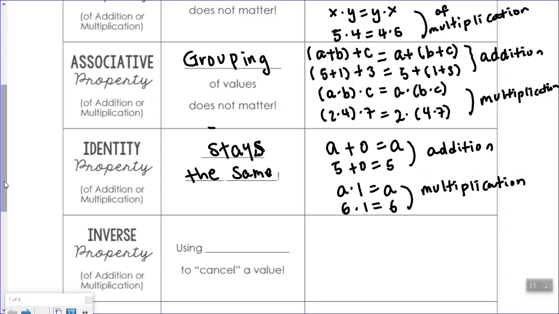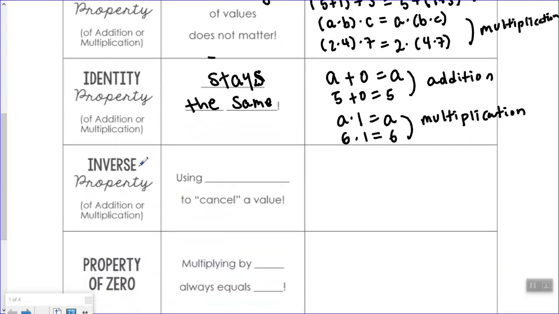And then we have inverse property. Inverse is the backward, right? So using opposite to cancel a value. So inverse property of addition or multiplication. So A plus negative A, opposite of A is negative A, equals 0.